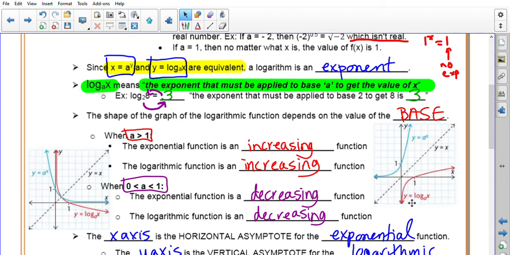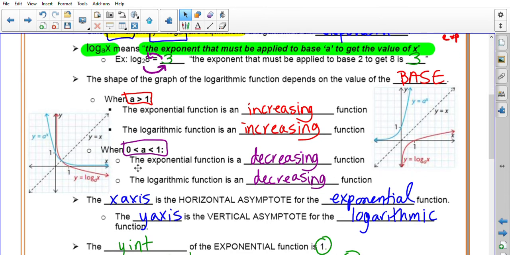When we took its log function, it looked like this, and it too is an increasing function. When a was between 0 and 1, the exponential form looked like the blue one, which was decreasing. Its inverse function, the log function, was here in red, and that too was decreasing. So that's maintained.